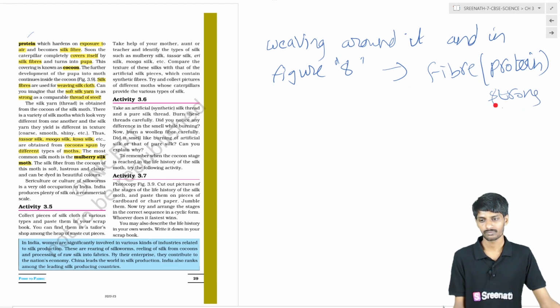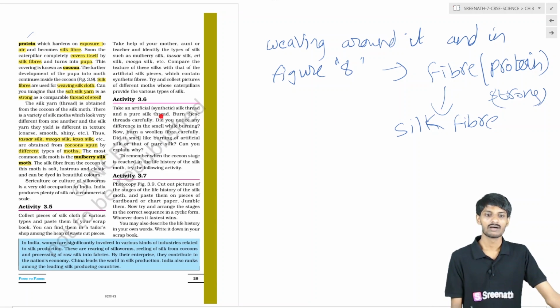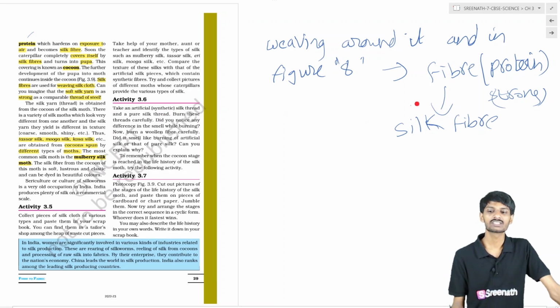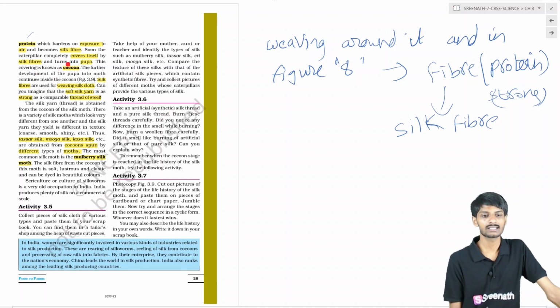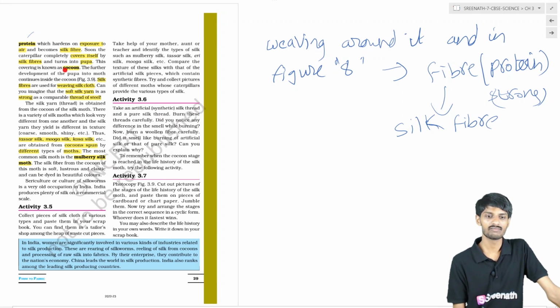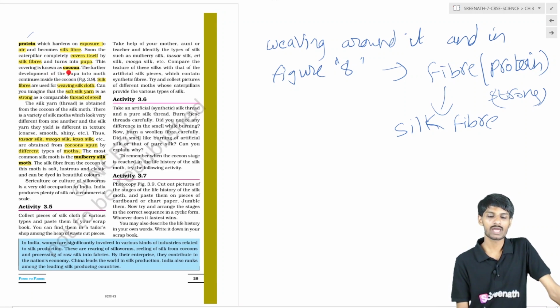Basically, this is the silk fiber. With the silk fiber, the pupa will be covered, and the covering is known as the cocoon.